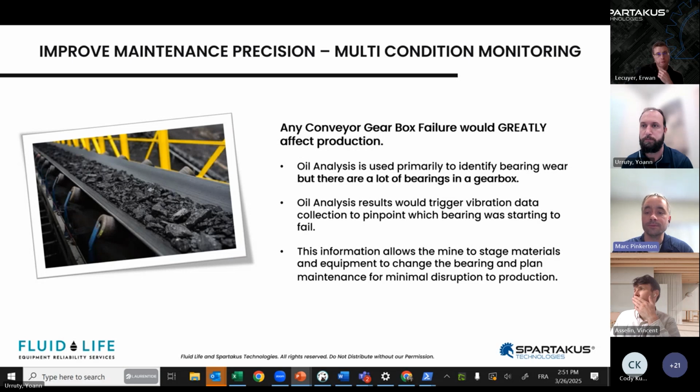So which ones in particular are becoming problematic? In this case, they use oil analysis to identify that there is a problem, and then they use vibration to pinpoint it, and then they're able to optimize their maintenance response, or at least be better prepared for upcoming maintenance. The overall goal is to disrupt production as little as possible.